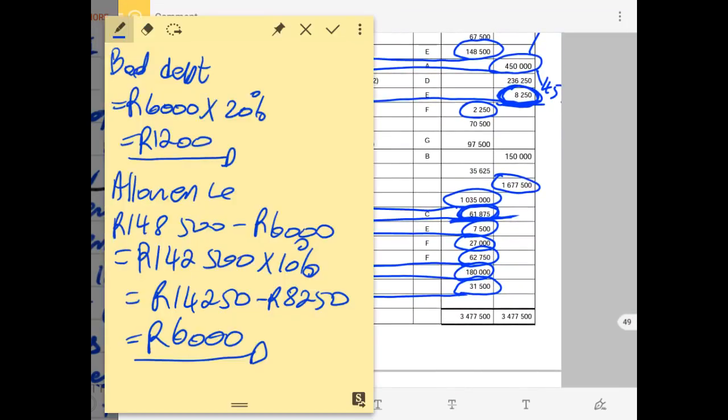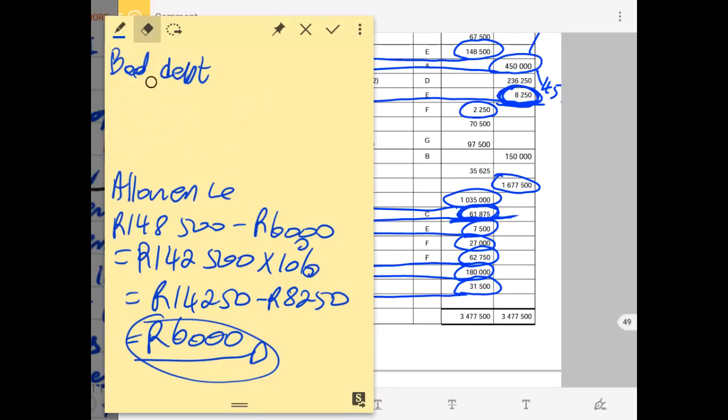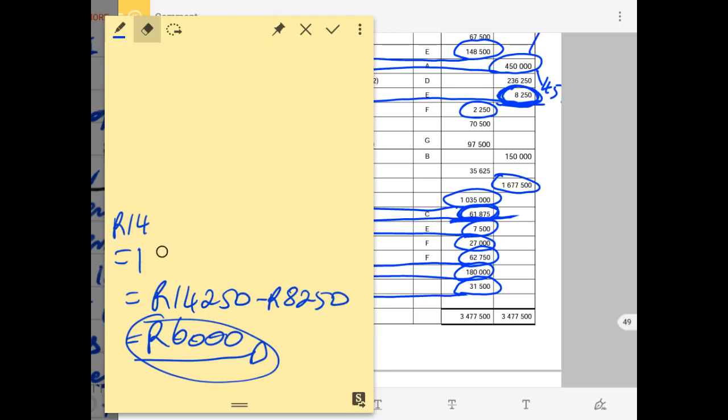Another important part regarding this 6,000 rands, please take note of that. It's not a requirement, but it's important, and you were tested on that, I think, last term. After you have done the allowance, please be able to generalize this allowance, or write a general journal entry for it. When you write a general entry, you debit bad debts by 6,000.